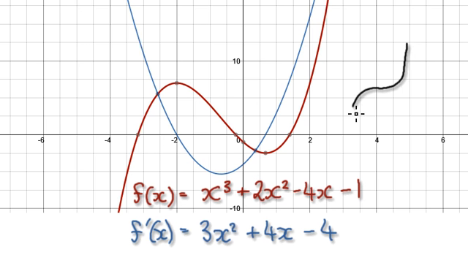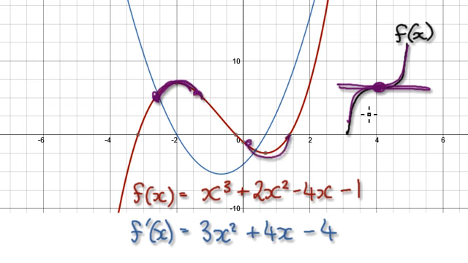Hang on. Okay, so this is our f of x here, and if you look at the derivative here, it would be 0. But even though the derivative here is 0, the original function is not really a turning point. You can see it's not a turning point. Here it happens to be a turning point because it turns around.